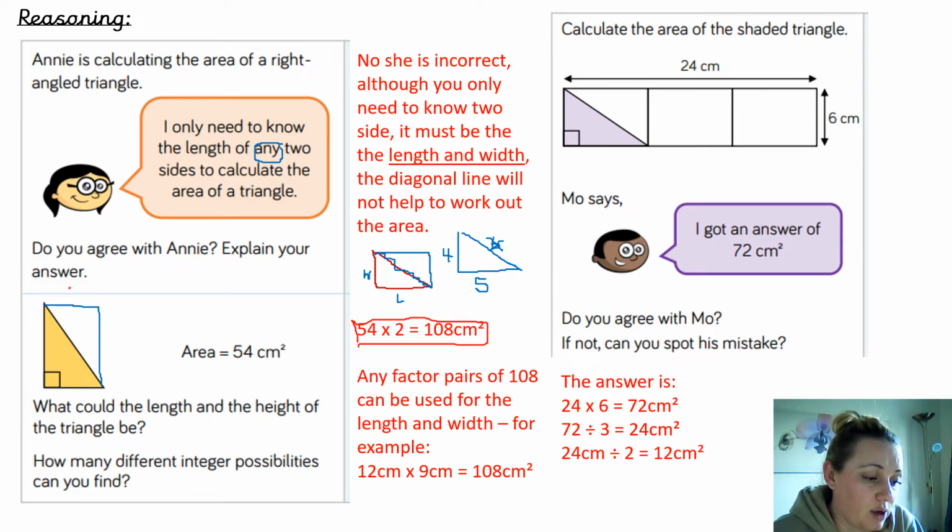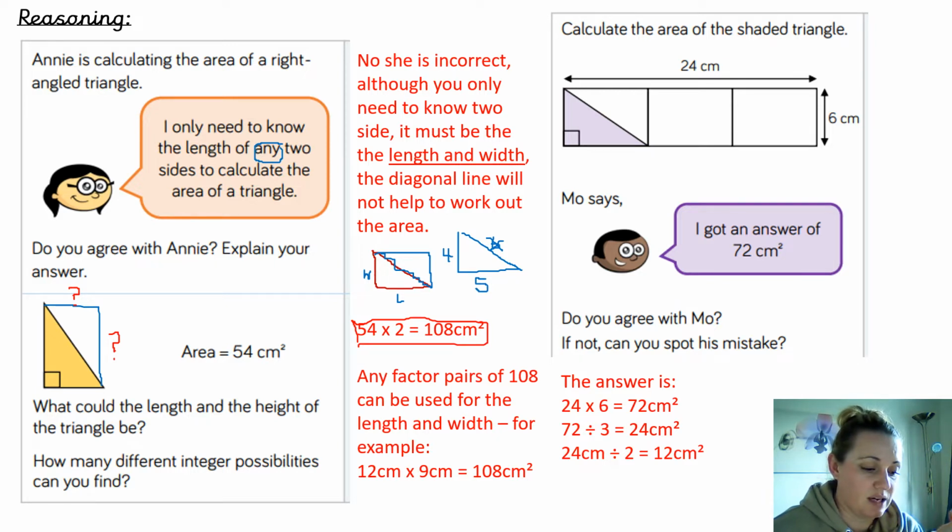Then we can try and work out what these missing sides are, because it must be something multiplied by something gives us 108. So basically it's any factor pairs. The most obvious one there is 12 times 9, because straight away you should know that 12 times 9 equals 108. Okay? And then it says, can you find any more?